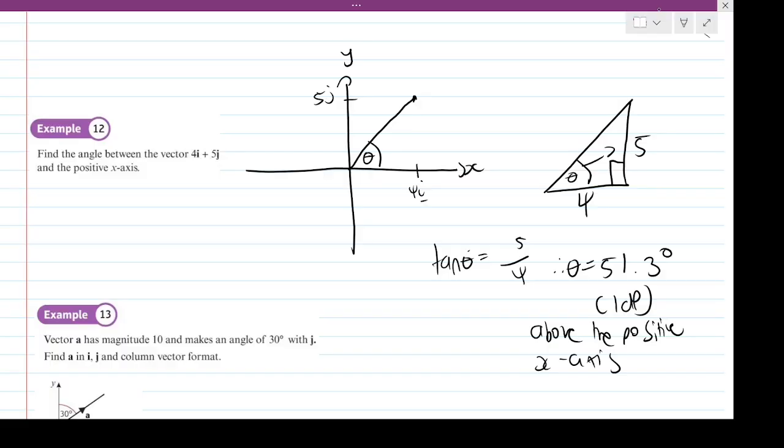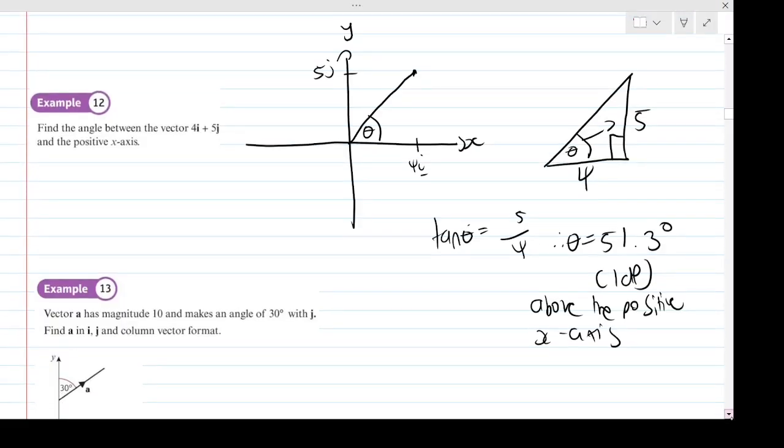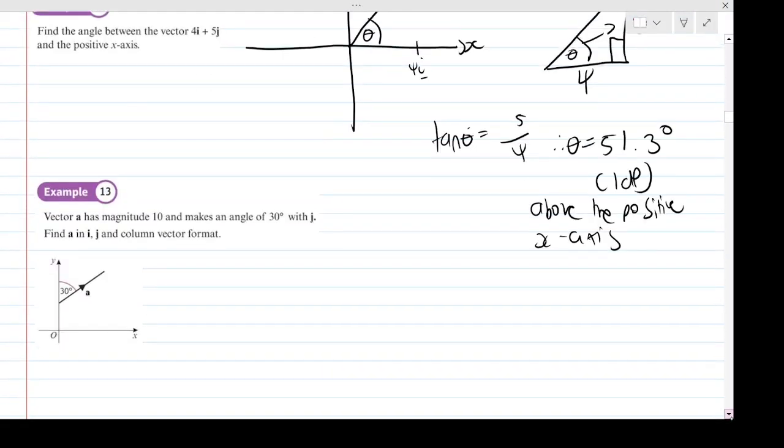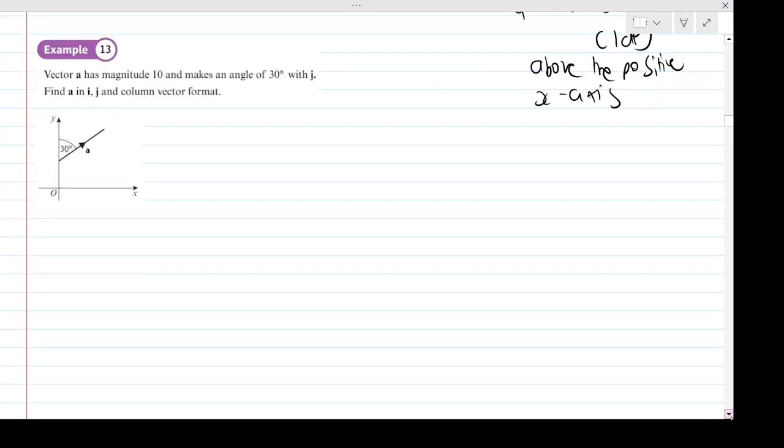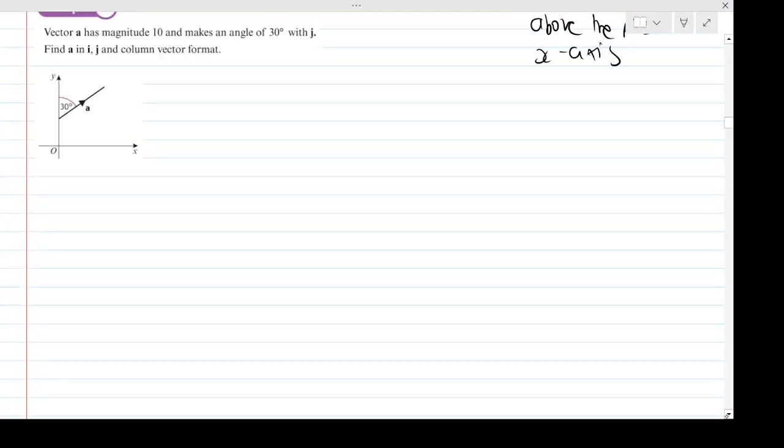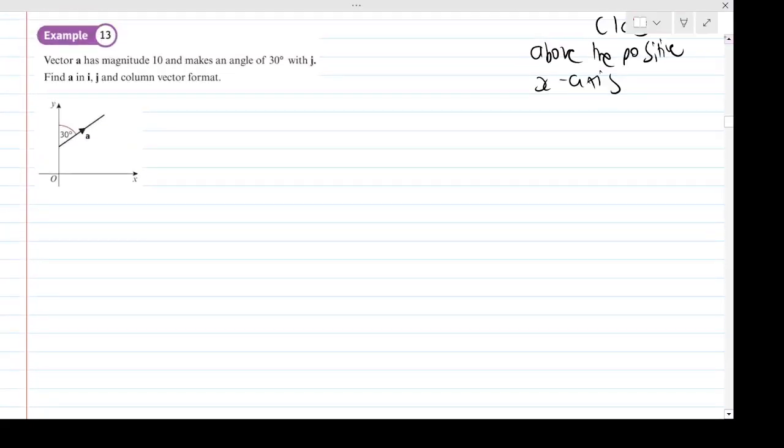Okay, cool. Let's have a look at this question then. In this example, we are told a vector A has magnitude 10 and makes an angle of 30 degrees with j. Find the vector A in ij and column vector format. We've been given the diagram for it here.